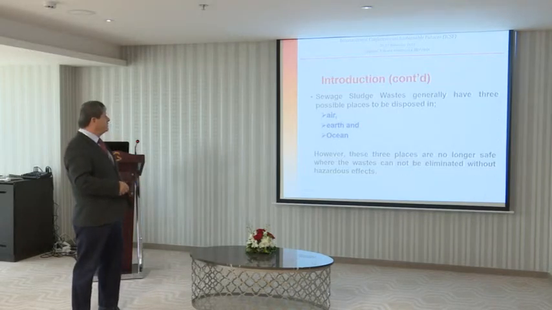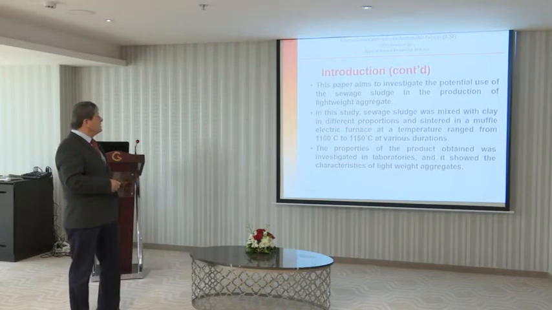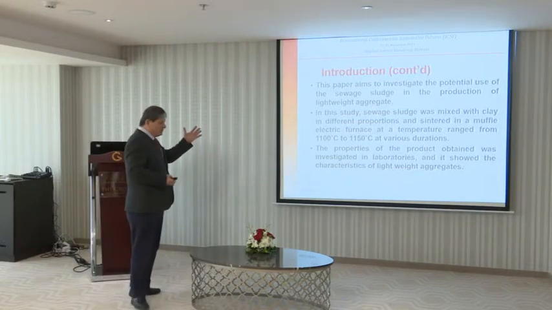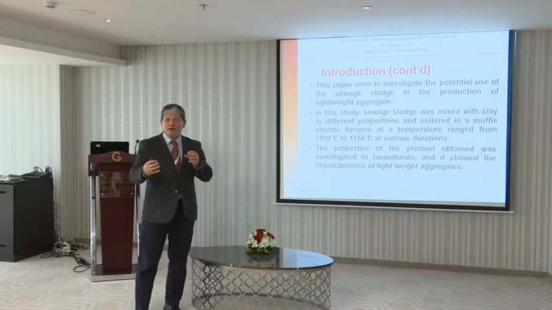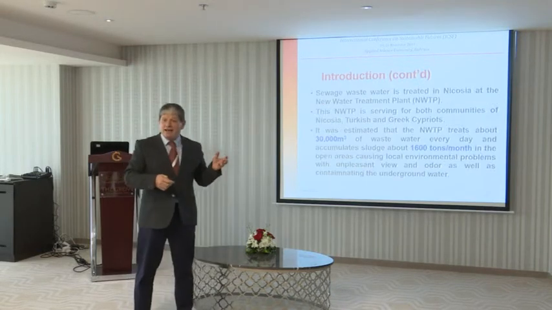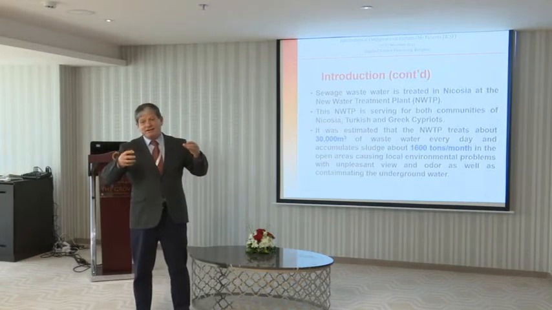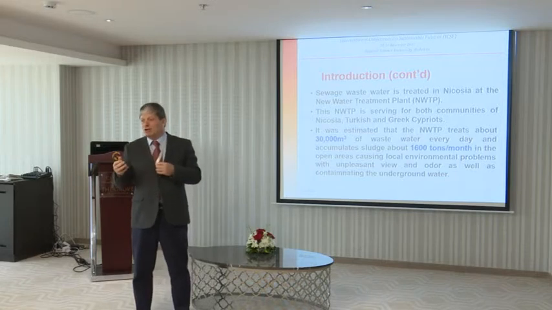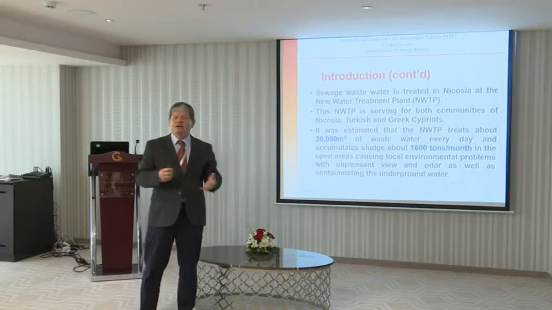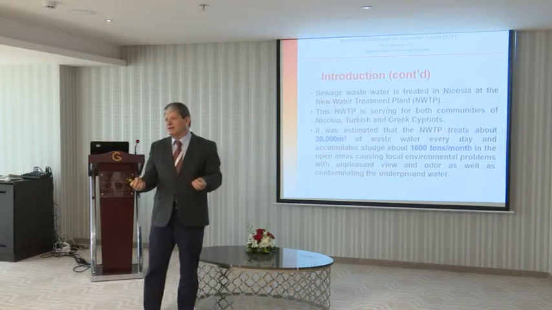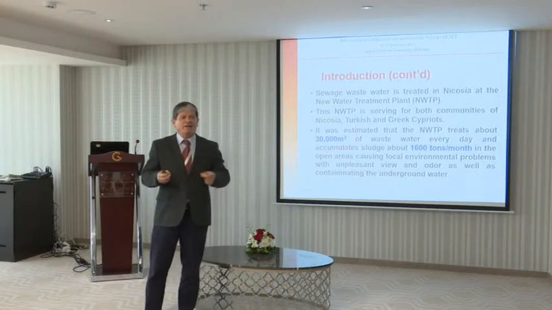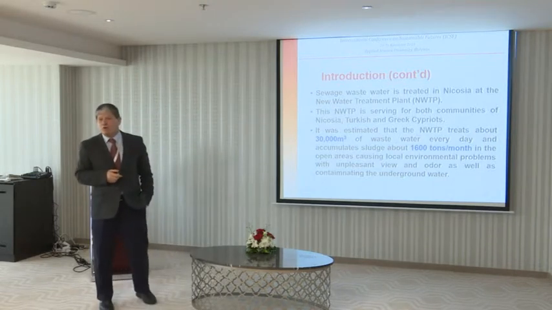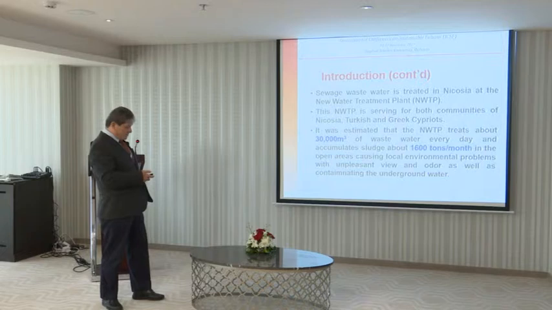As I mentioned simply here, these are the problems. So what we are going to do here is use this sludge. We produce a sludge ash first, and we also use clay as a material. In different proportions, by heating it at different temperature levels for different durations, we try to produce the best alternative as lightweight aggregate, that later on we can grind and use as an ingredient for foam concrete production.